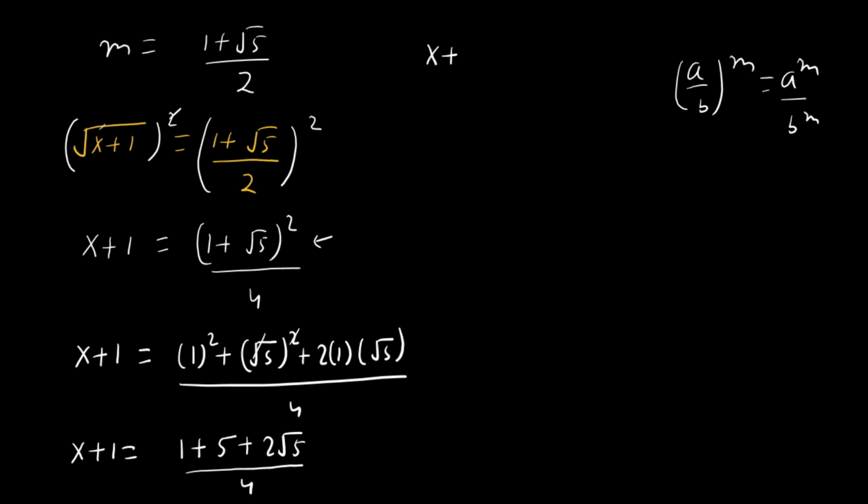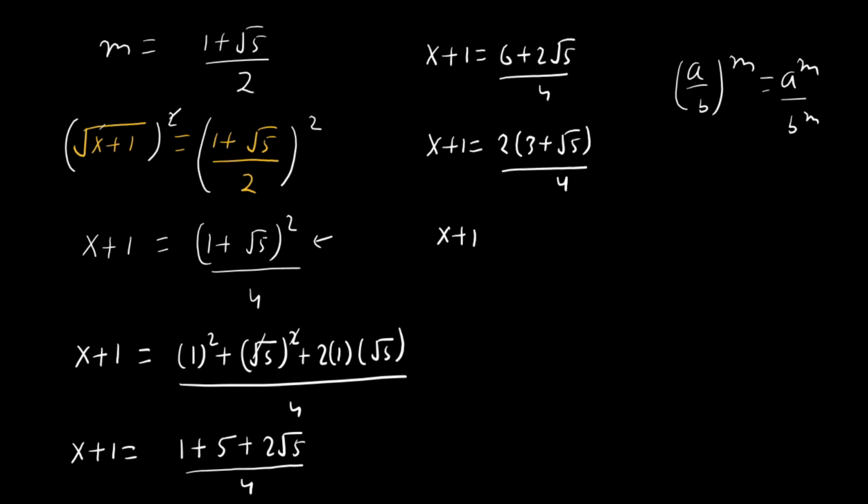Here x plus 1 equals 6 plus 2 times square root of 5 over 4. Then in the numerator if we take common 2, then 3 plus square root of 5 divided by 4. This 4 is divided by 2, then we get 2, and this 2 is divided by 2, then we get 1. So here 3 plus square root of 5 over 2.